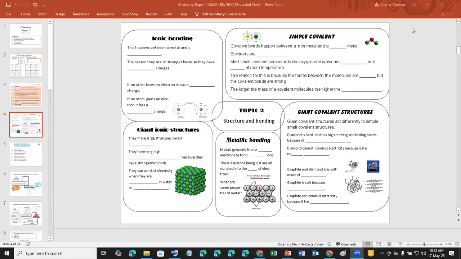Now it becomes a positively charged ion. Why? Because it has more protons than electrons. Sodium is atomic number 11, so with 10 electrons (2 plus 8) you have a positively charged sodium ion, represented as Na+.